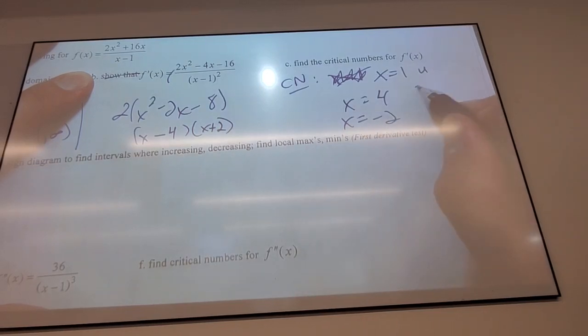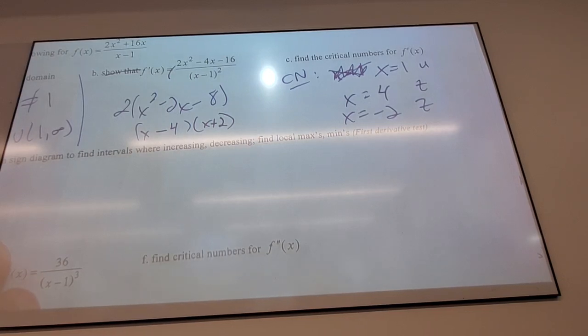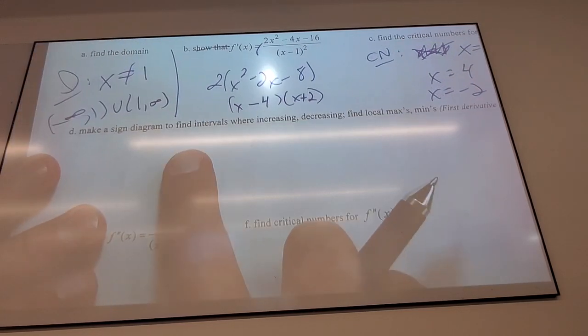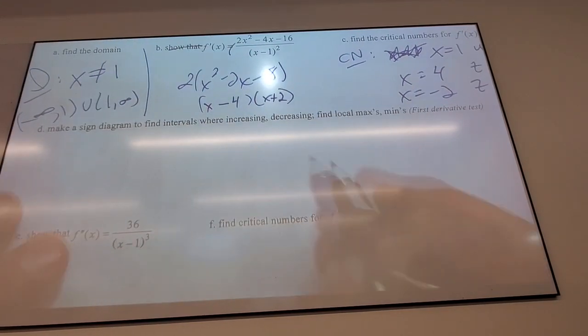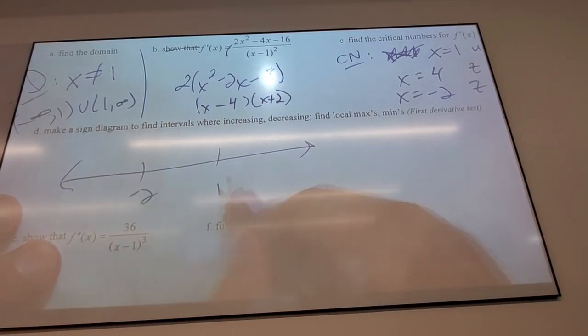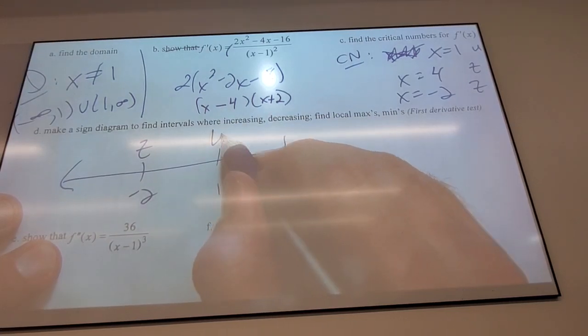So this one's undefined, these two are zeros. Sign diagram: I'm going to put -2, 1, 4, over the -2 a z, over the 1 a u, and over the 4 a z.